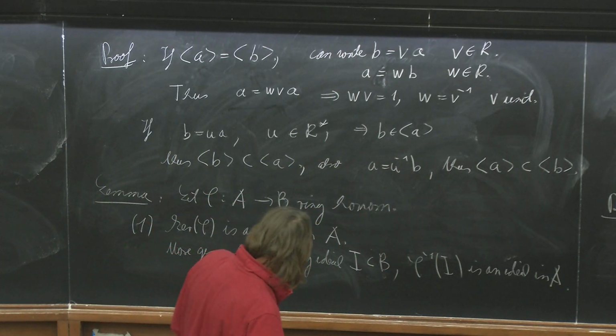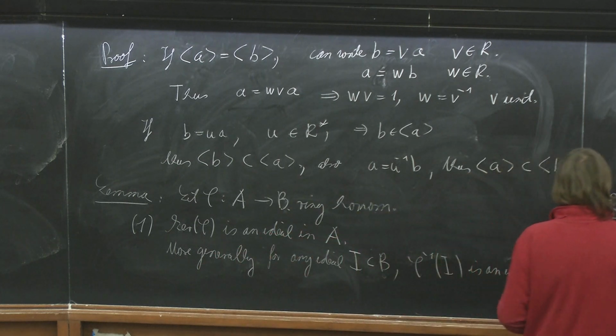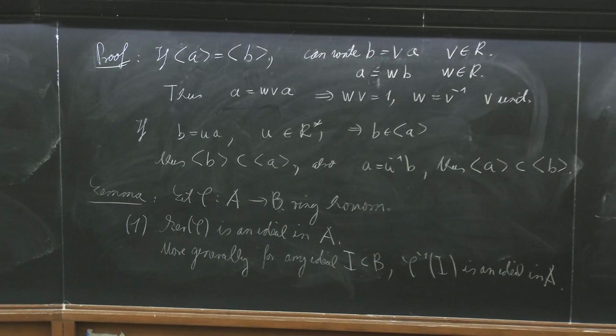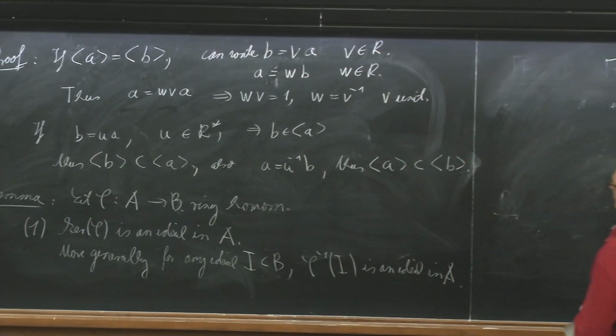Now, something which is a bit more special and not as important, but we will use it a bit, is that if the map is surjective, you also have some kind of converse.